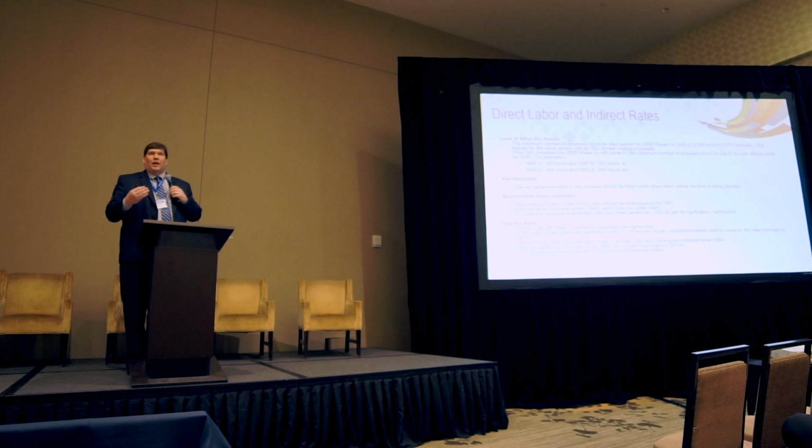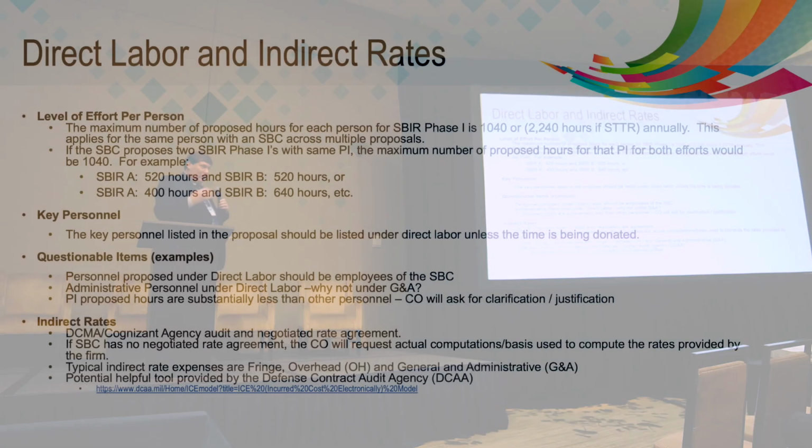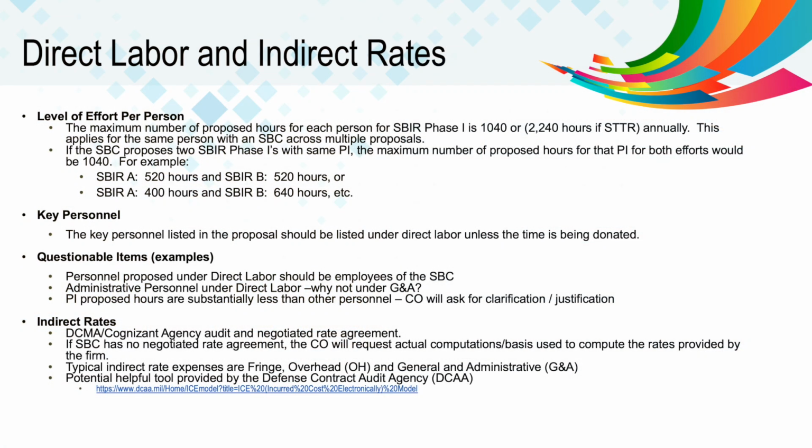I mentioned hours and an hourly rate for direct labor. Just be cognizant that there's only so many hours in the day, and for a year there's typically 2,080 work hours. So if you are proposing for a Phase 1, that's 6 months for NASA SBIRs, then you don't want to cross that threshold of 1,040 hours for any one particular employee.